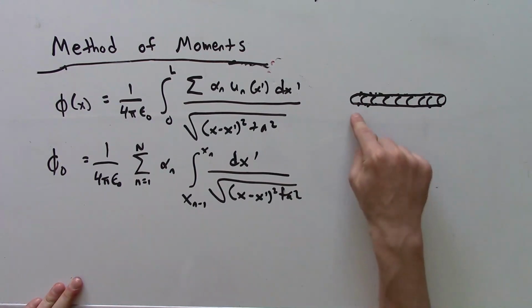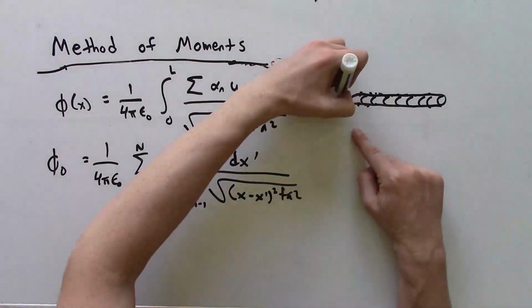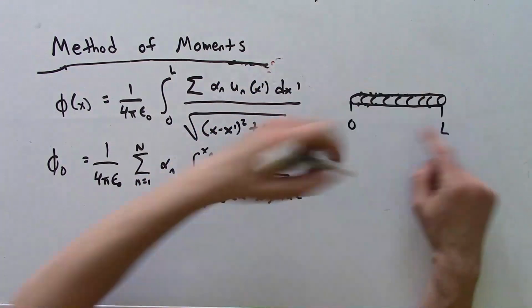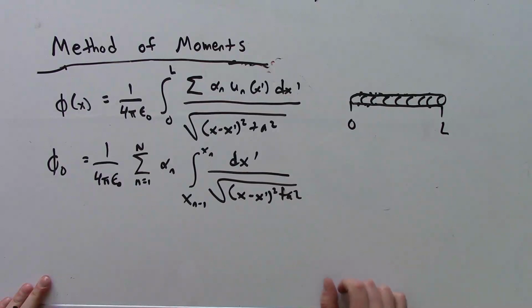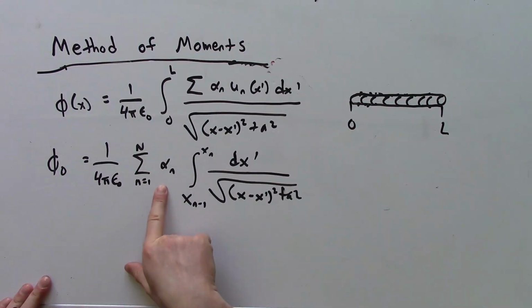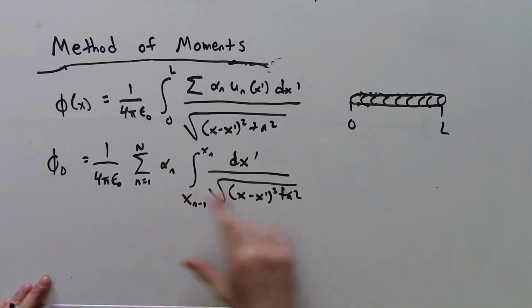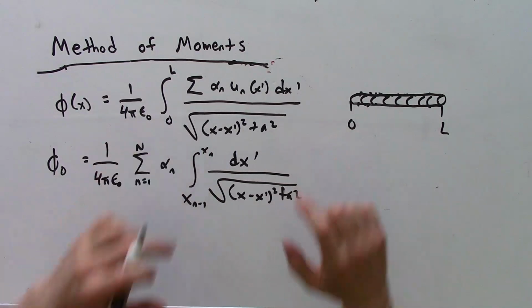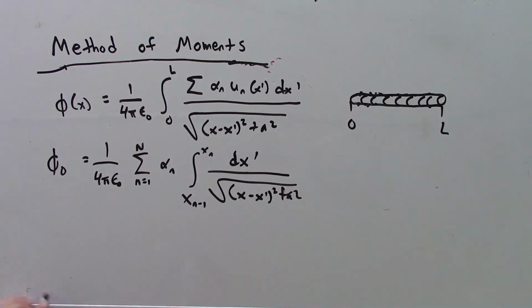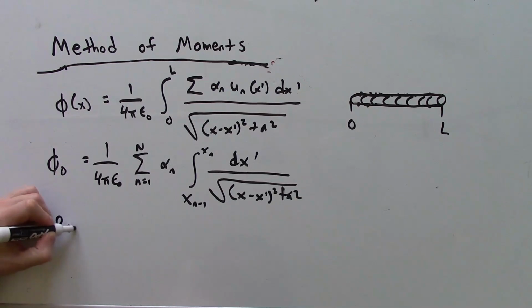So I could pick any arbitrary value x as long as it is between 0 and L, and this equation will be true. So you notice we're getting very close to a system of linear equations. The only tricky part is this giant monster here. So what we're going to do is what's called the point matching method.